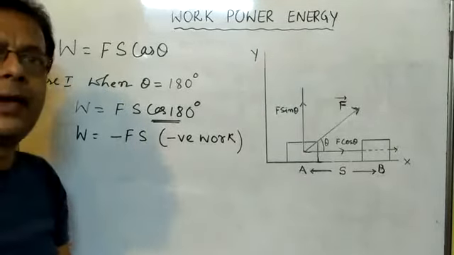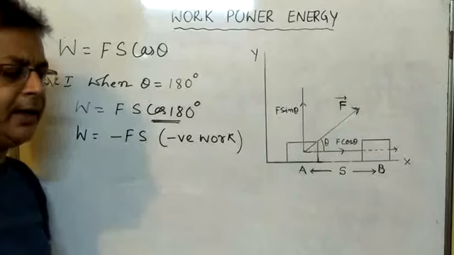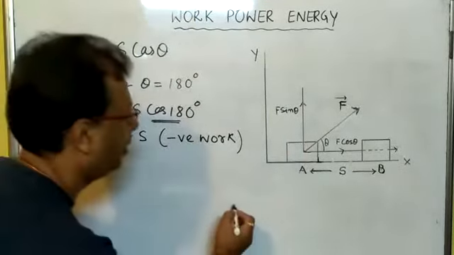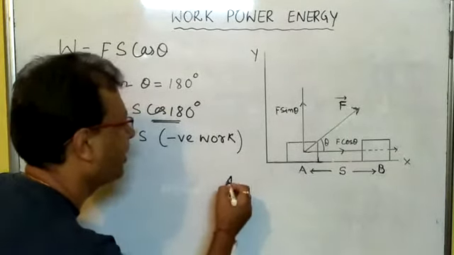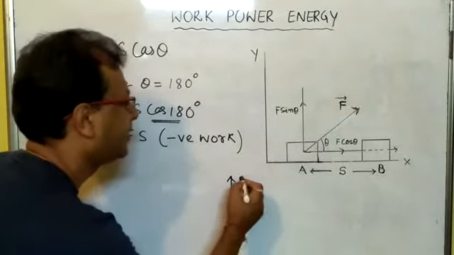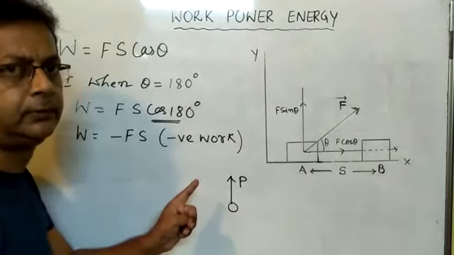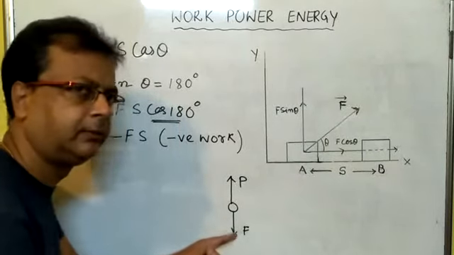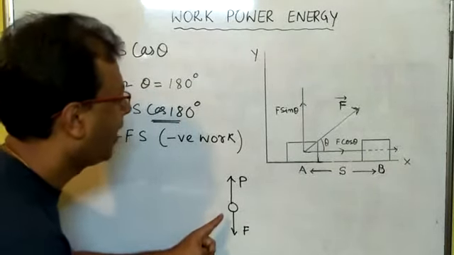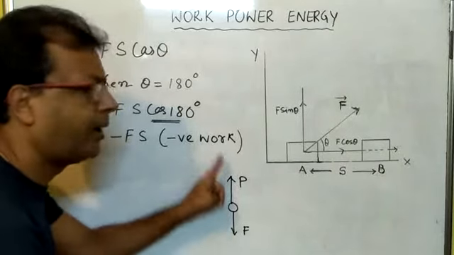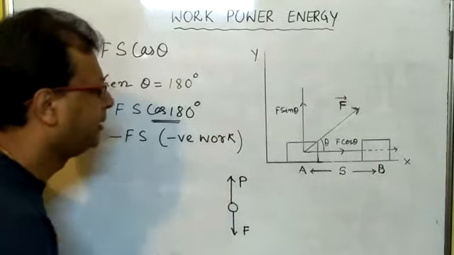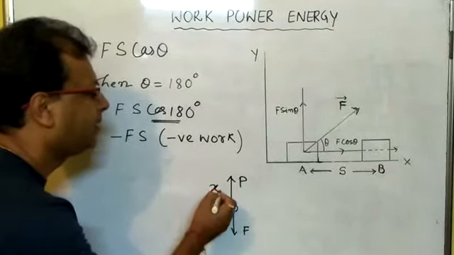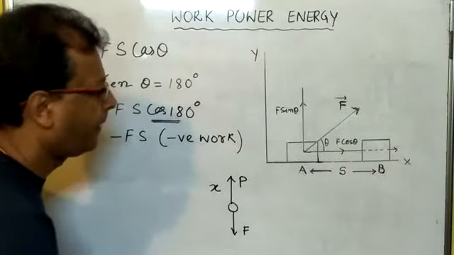Now, let me give you some examples of negative work. If you take a ball and you throw it upward, this is the applied force. Remember, gravitational force is in the downward direction. So, when you throw the ball upward, x is the displacement.